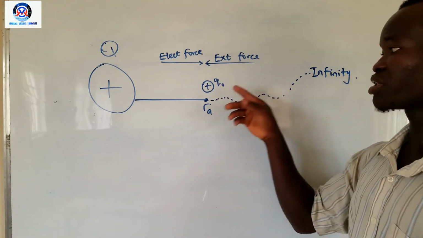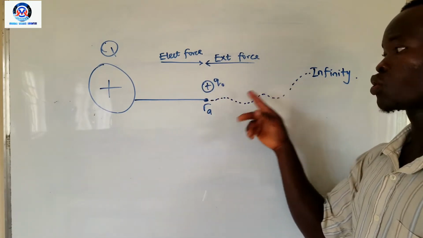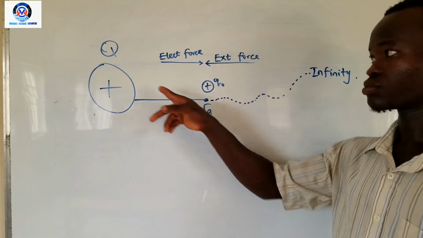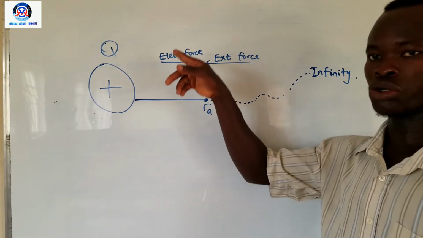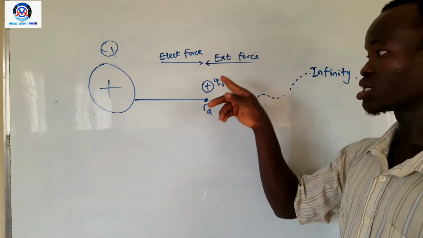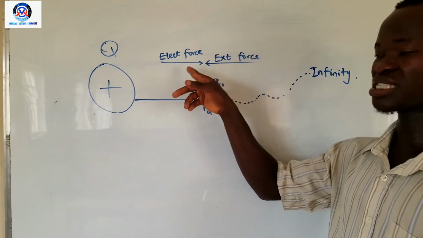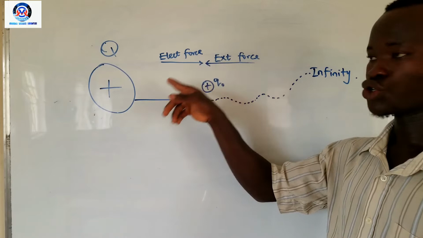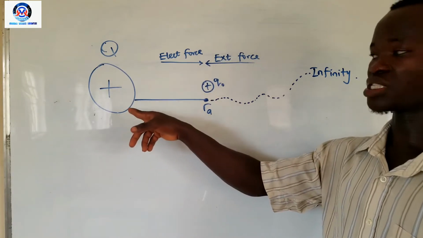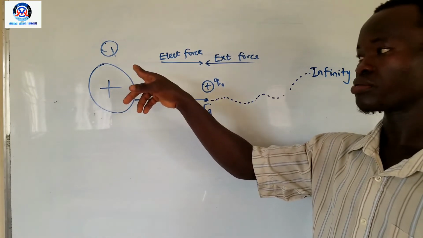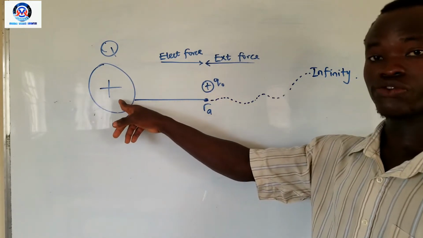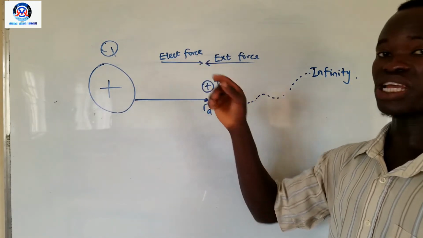In the process, I am forcing the charge towards the reference charge because this charge is experiencing an electric force due to this reference charge. The small charge will never want to move close to the reference charge because of the electric force.